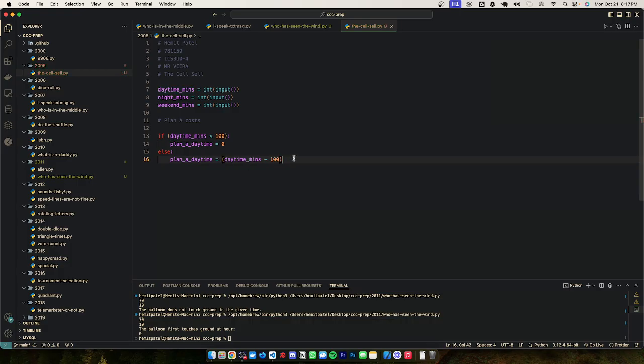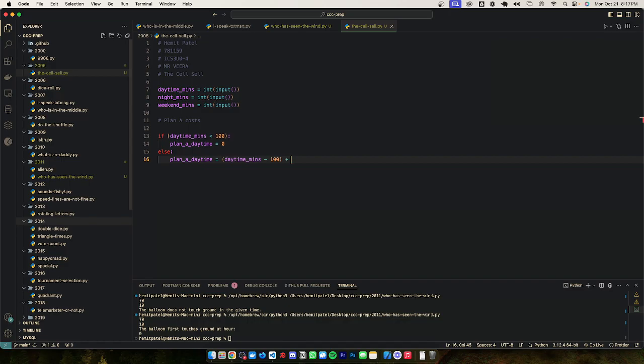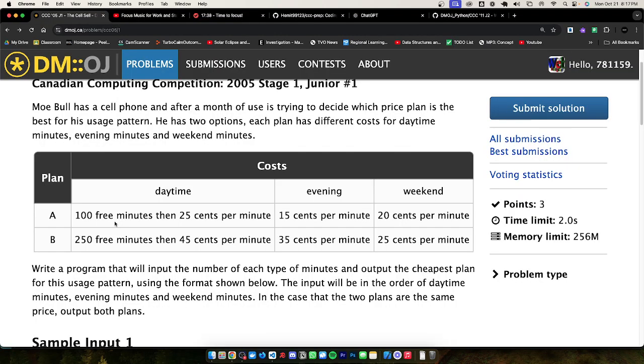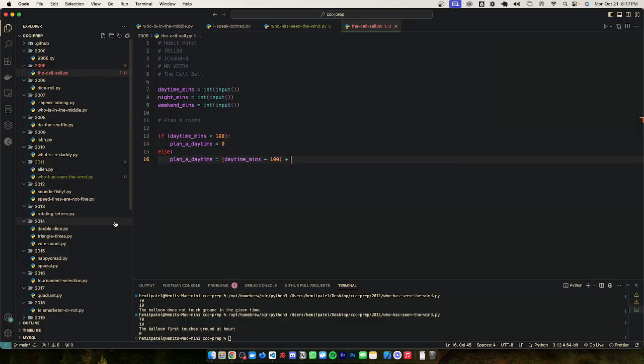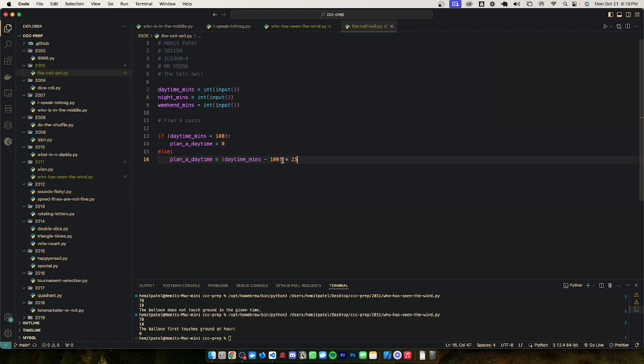Because we still have to take out the free minutes that we get, and then we're going to add an additional 25 cents on the minute. So we're going to multiply this by 25. So we're multiplying the minutes that are not free by 25. Otherwise, you're going to have free minutes, right?